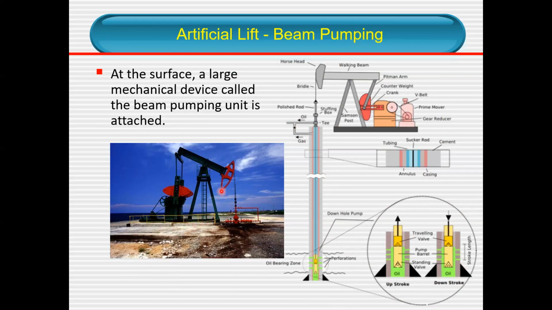But this is the mechanical device located onshore for you to produce the crude oil. These are basically the mechanisms. The sucker rod goes up and down so that you can bring the crude oil to the surface.